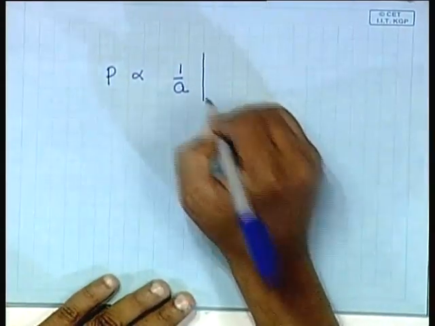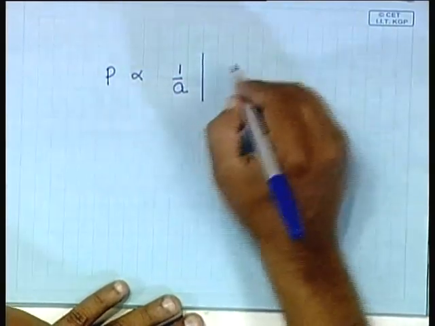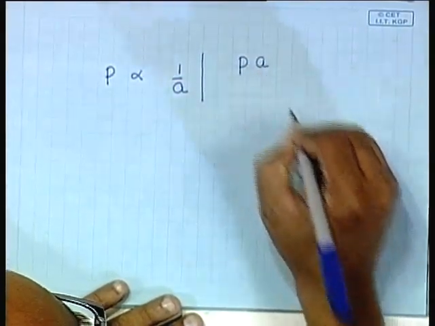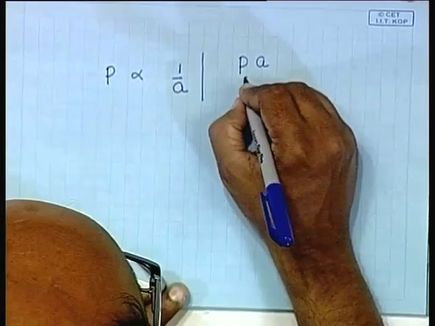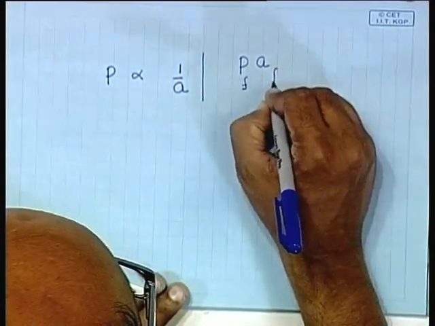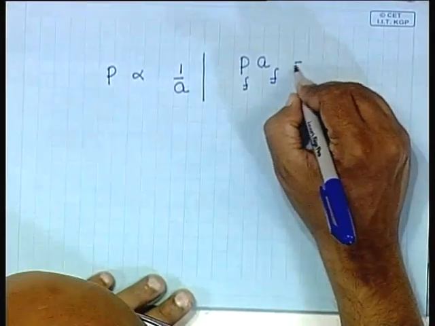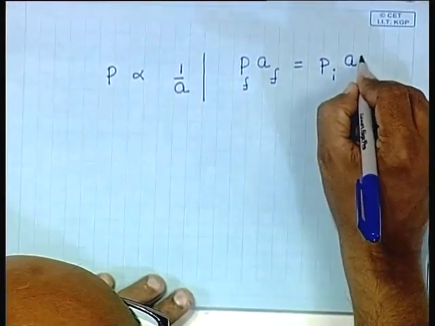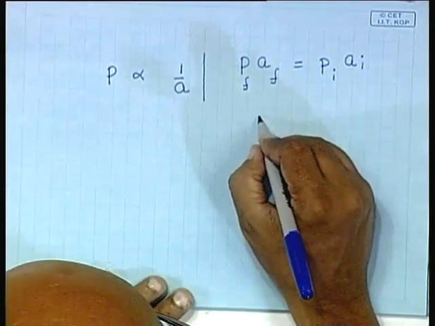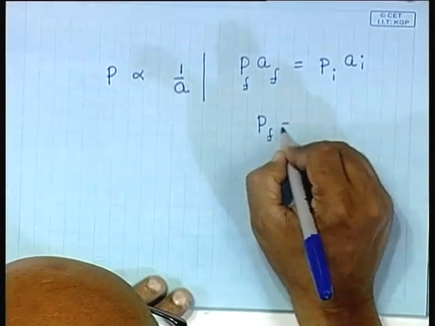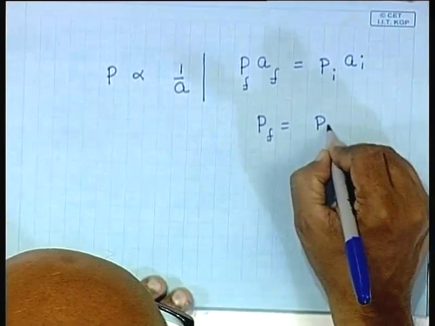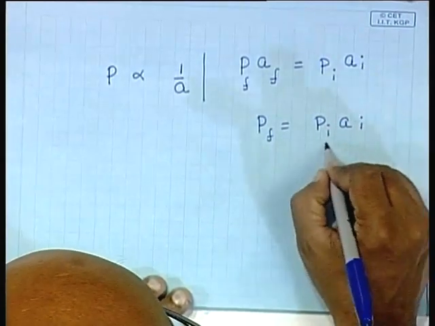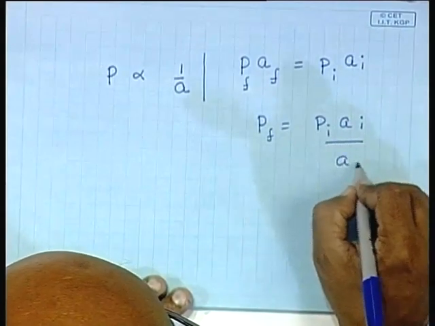So, at some point, let us say it has a value. So, P into A is a conserved quantity: P final A final is equal to P initial A initial, or P final is P I A I by A f.